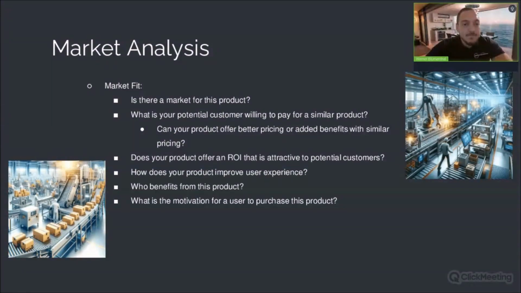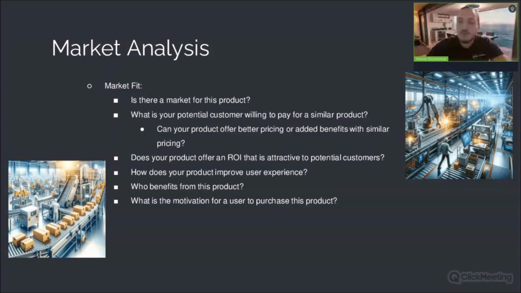Does your product offer an ROI? Again, there has to be a reason for somebody to purchase your product. I've seen it a lot where people come into my office, they're in love with an idea, and that's what they want to produce, and they develop it in a vacuum. You want to make sure that you put this in the hands of other people and they see value in your product, right?